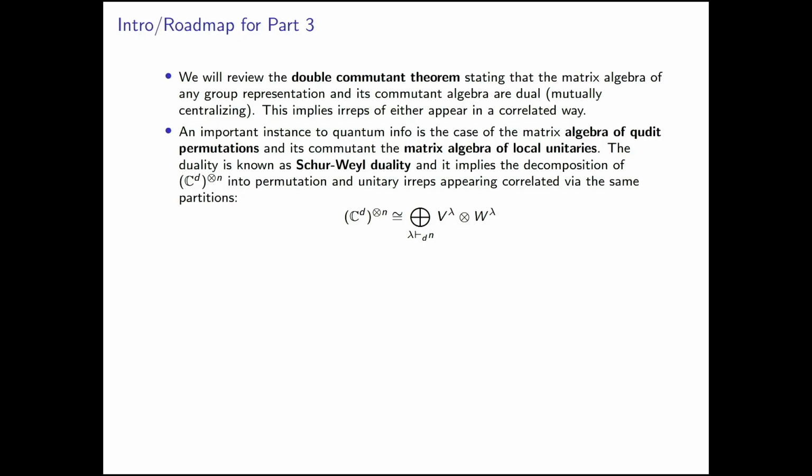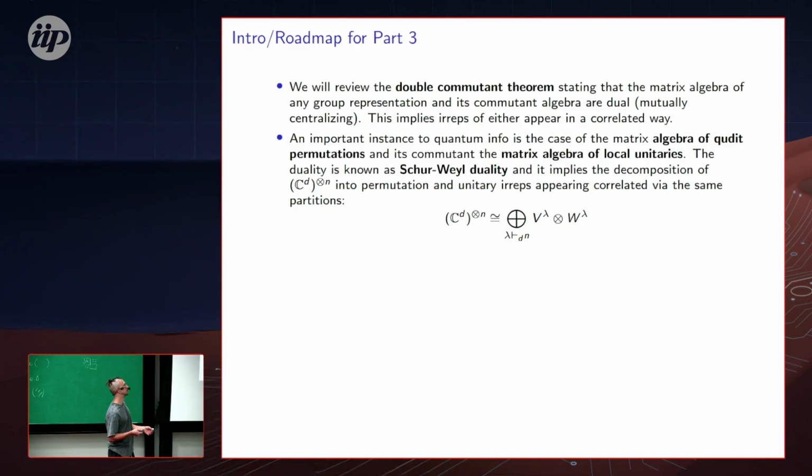An instance of the double commutant theorem that is relevant to quantum info is that of Schur duality, where the group is permutations and the representation is qubit permutations, and you get the matrix algebra of qubit permutation, and the commutant is the matrix algebra of local unitaries.